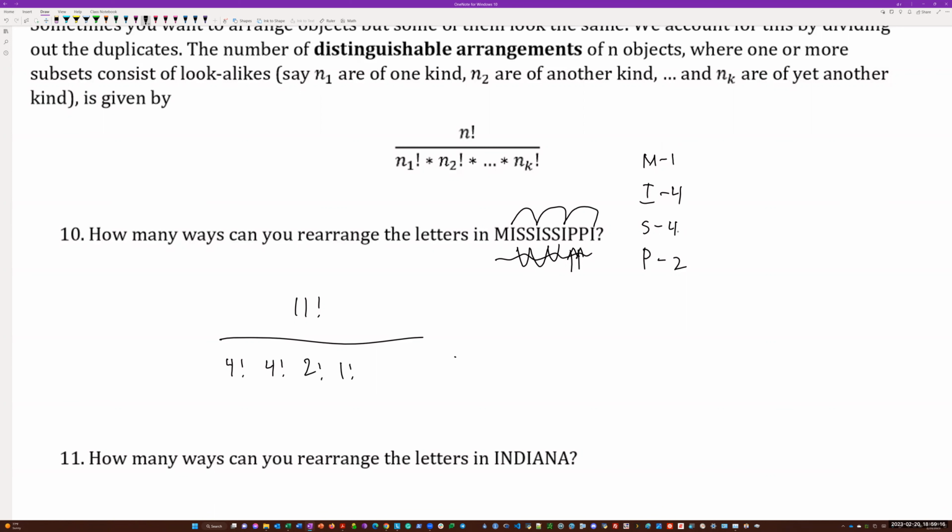Then we have to calculate what this is. We get 11 times 10 times 9 times 8 times 7 times 6 times 5 times 4 factorial over 4 factorial times 4 times 3 times 2 times 1 times 2 times 1. 4 factorial cancels. Then 4 times 2 is 8. 3 times 2 is 6.